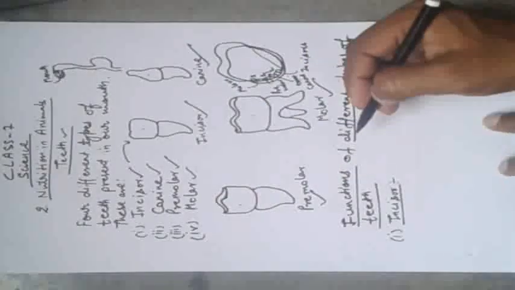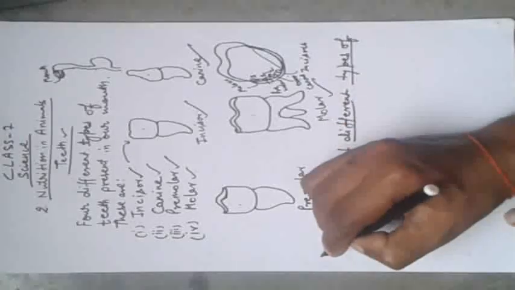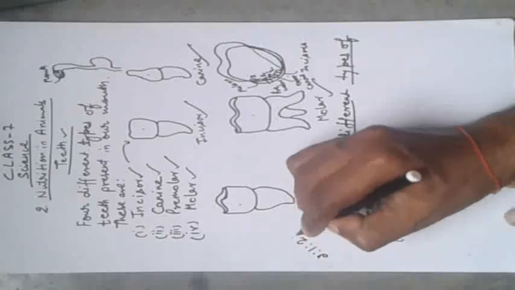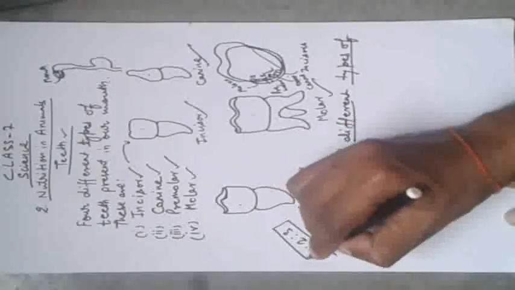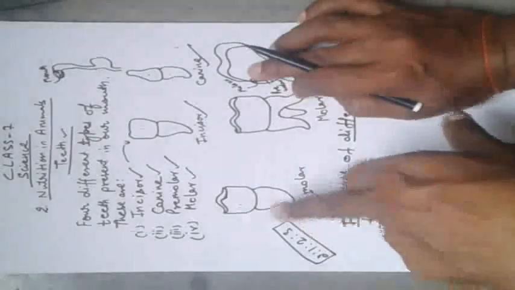Means incisors 2, canine 1, premolars 2, molars 3. So remember this ratio, it is very important.